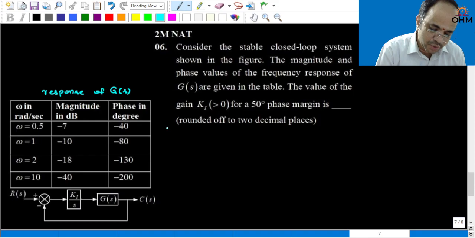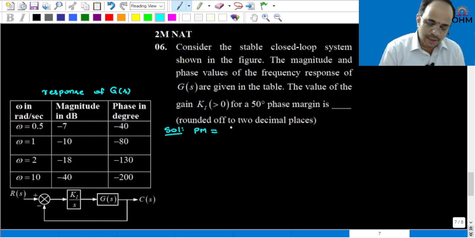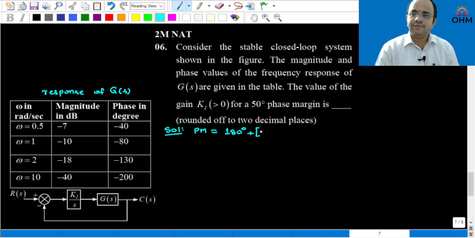Now, what I can do here, first let us write down the definition for phase margin. What is the phase margin definition? 180 degree plus the phase angle of the forward transfer function at gain crossover frequency.